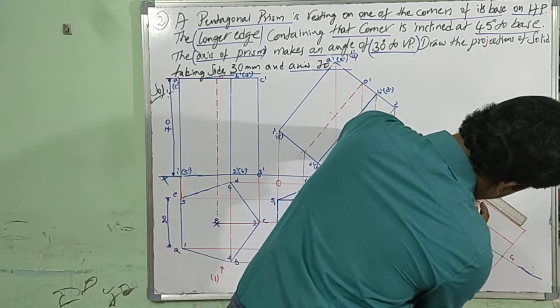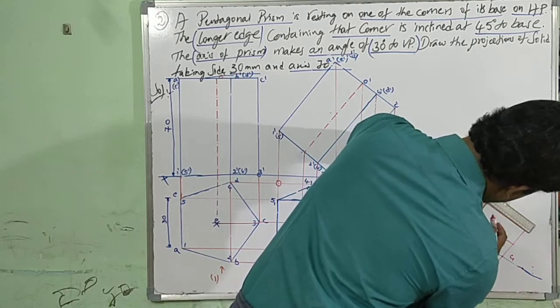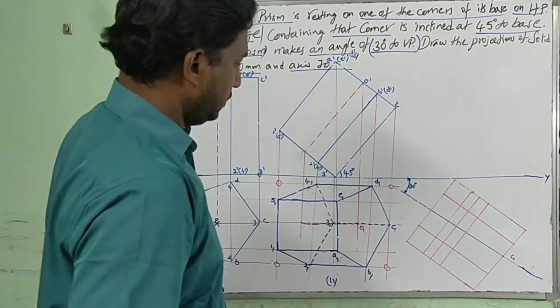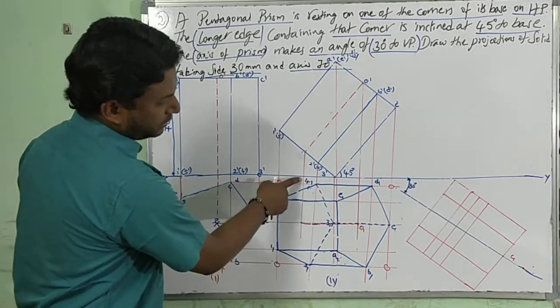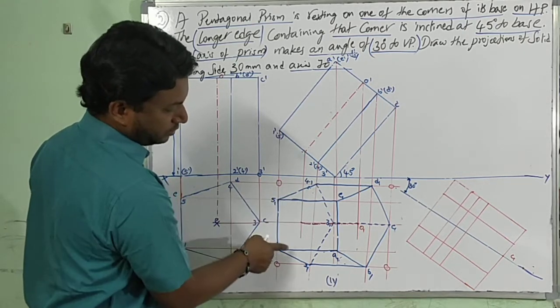Don't think of it as difficult. It is a little bit. All vertical lines, including the projector lines and the axis line, I am also drawing.